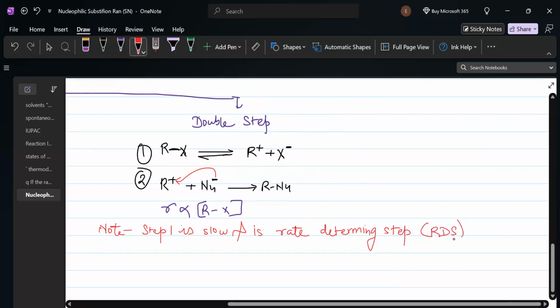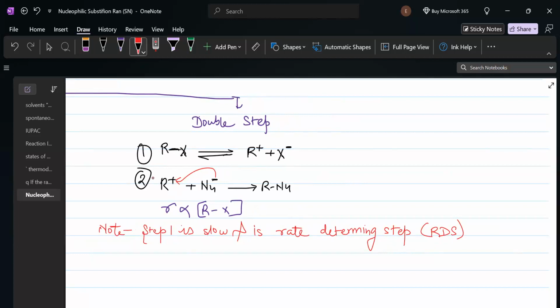I will not ask you about this, I just want to know, have you heard this term, rate determining step, RDS? No, sir. Okay, let me introduce you. RDS is the rate determining step. From the name, you can understand that this will only determine the rate of the reaction.